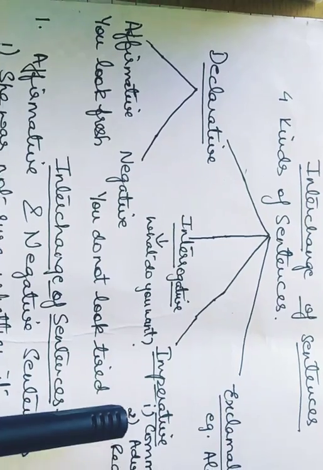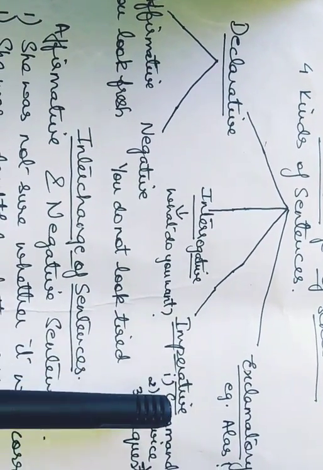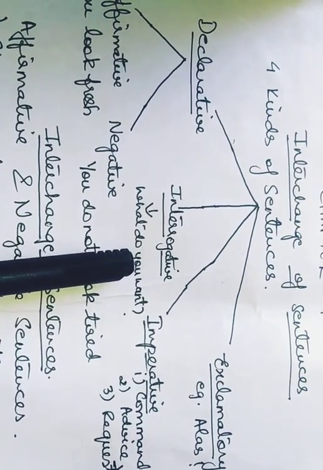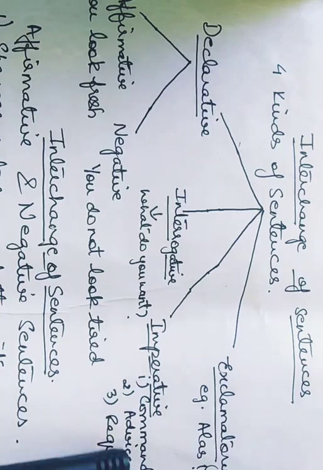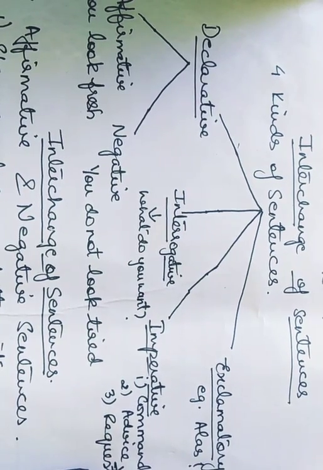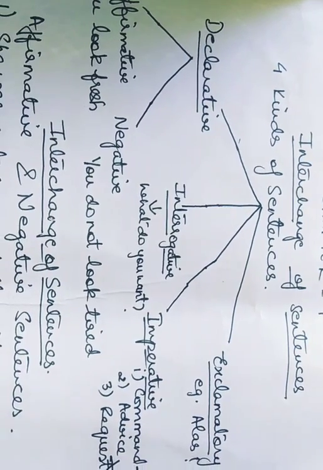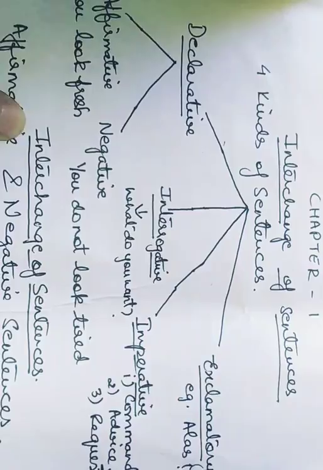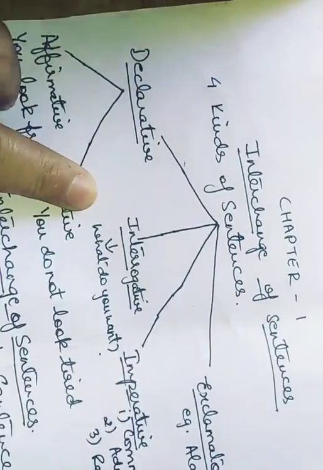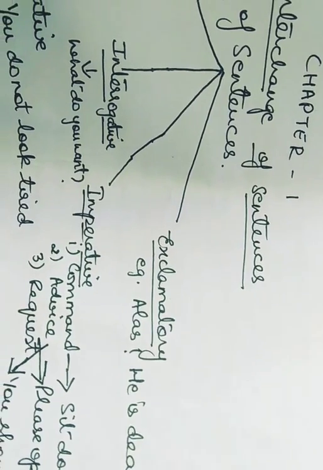The third type is imperative sentence. Now, imperative sentences can be further divided into 3 types: command, advice, request. When we talk of command, command means an order. For example, if you're given a command to say, sit down, alright?